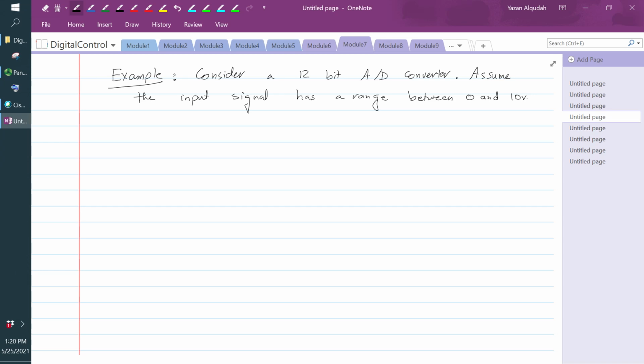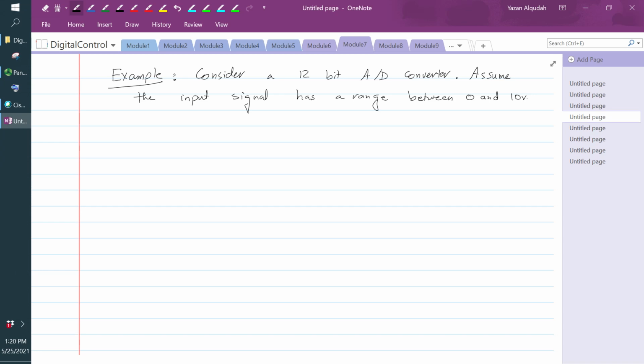And if I take the range between 0 and 10 volt and divide it equally, then I'm going to assign a value to each one of these levels.